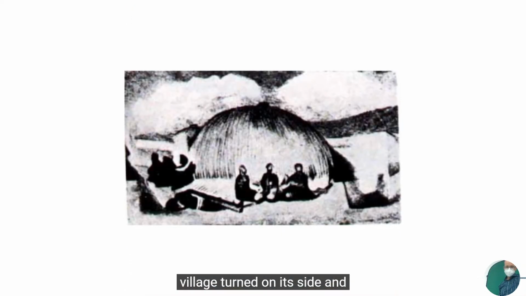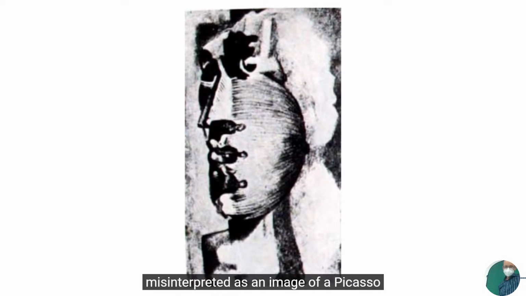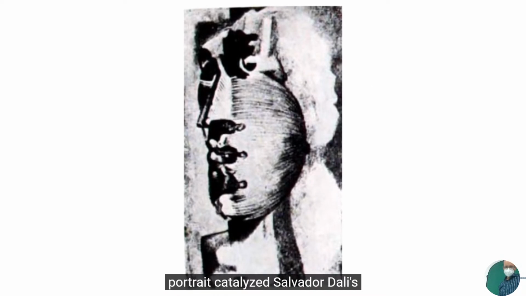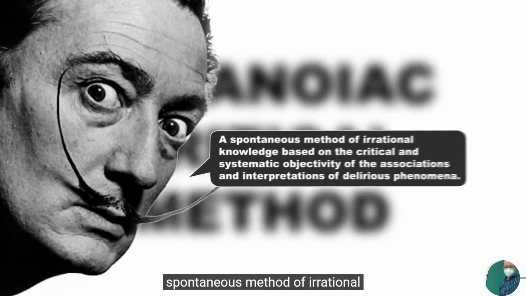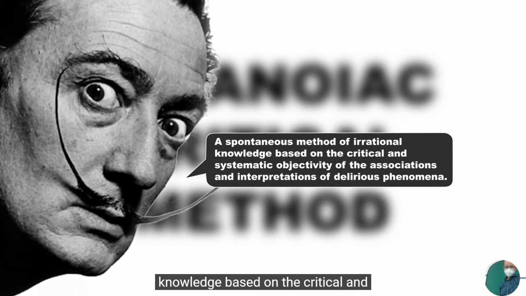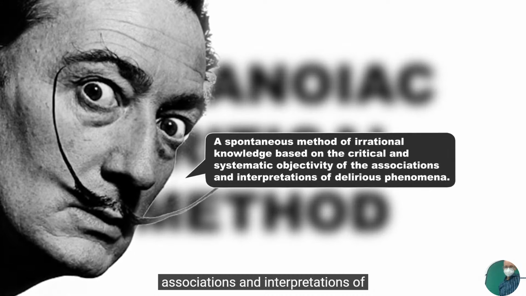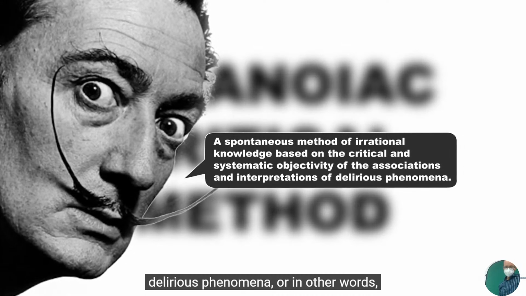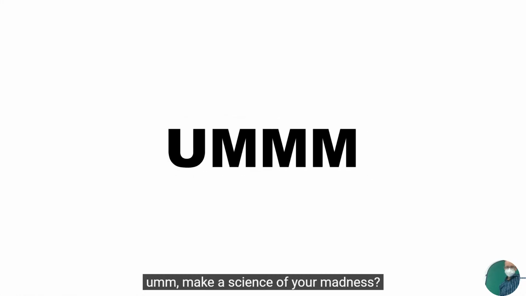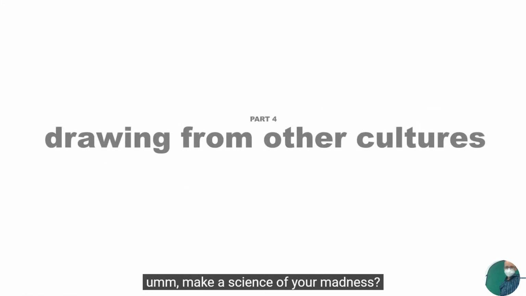A photograph of an African village turned on its side and misinterpreted as an image of a Picasso portrait catalyzed Salvador Dali's so-called paranoid critical method, a spontaneous method of irrational knowledge based on the critical and systematic objectivity of the associations and interpretations of delirious phenomena. Or in other words, make a science of your madness?